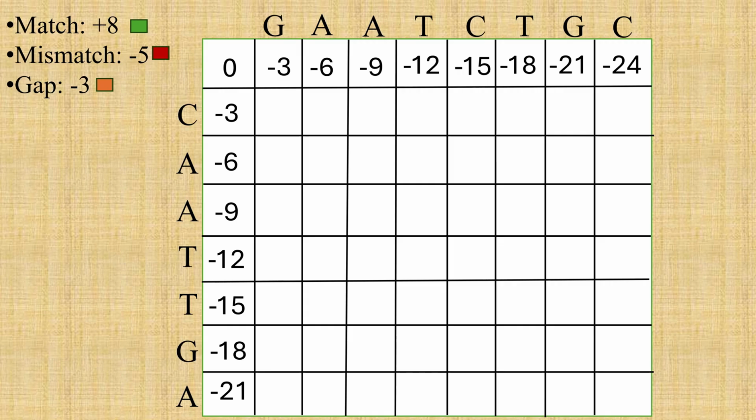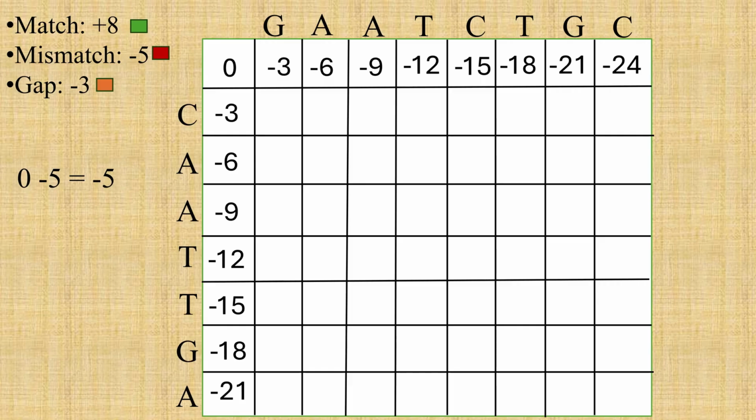So here we are aligning letter C from the vertical sequence with G from the horizontal sequence. Since they are different, this is a mismatch, and the diagonal score is the top left cell, which is 0, plus the mismatch penalty score, which is -5, and the result is -5. Note, you can write it in your rough sheet so you won't forget when it's time to compare.